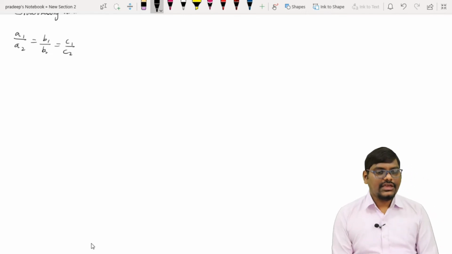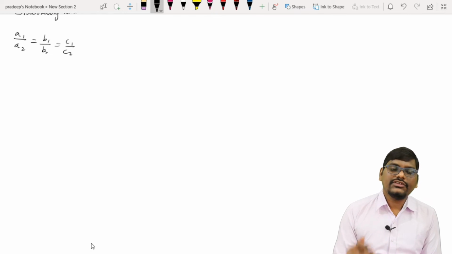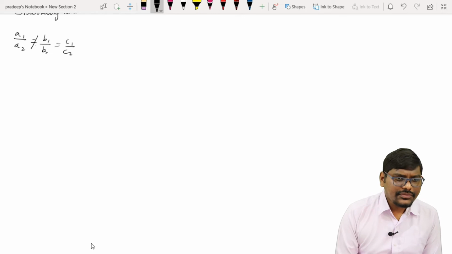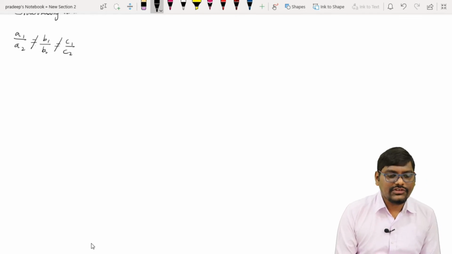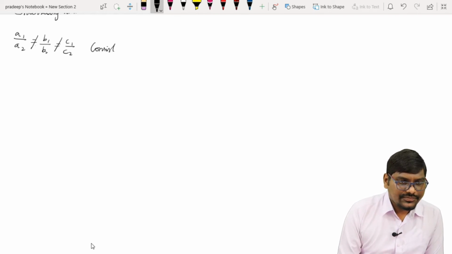This is a format which represents all these equations. For the first case, if a1/a2 is not equal to b1/b2 is not equal to c1/c2, if nothing is equal, we say they are consistent and they are intersecting lines.